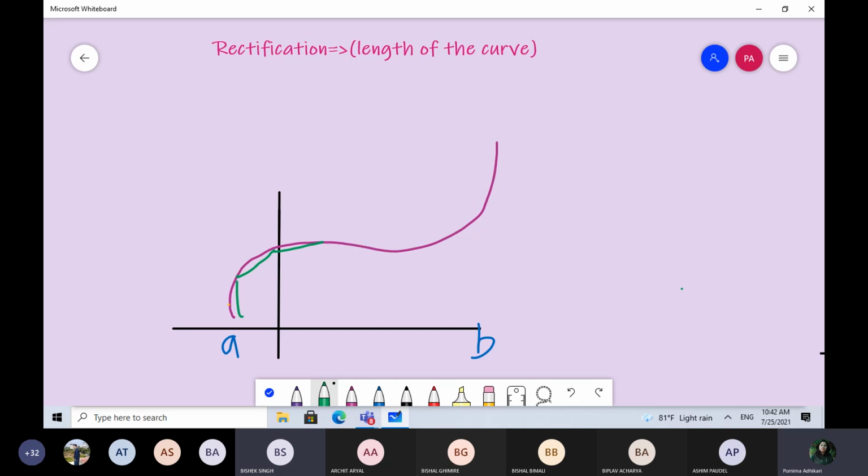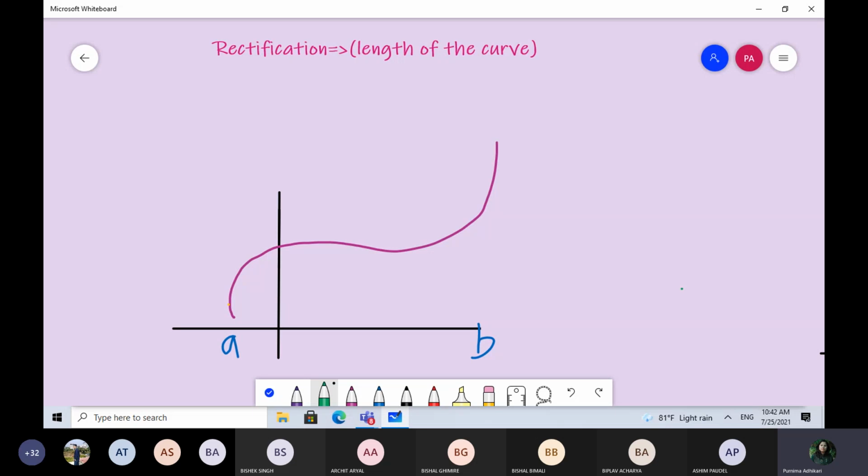Approximation. So that means what are we observing? That we are reaching very close to our actual result. So how are we going to get our actual result? When we divide this curve into infinitely small such straight lines.